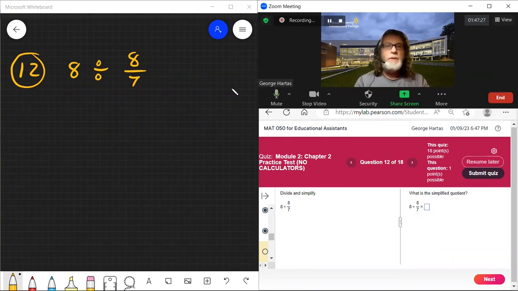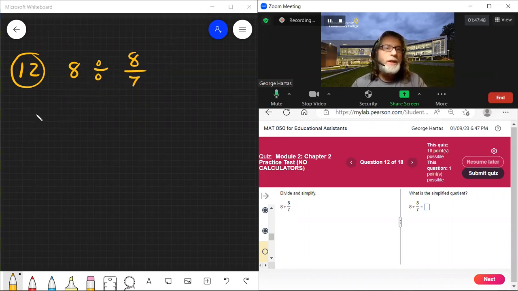Question 12, 8 divided by 8/7. So here we have a whole number, and here we have a fraction. So the best way to handle this is to change the whole number into a fraction. And we're going to put a 1 underneath it, so that way we can do this problem.